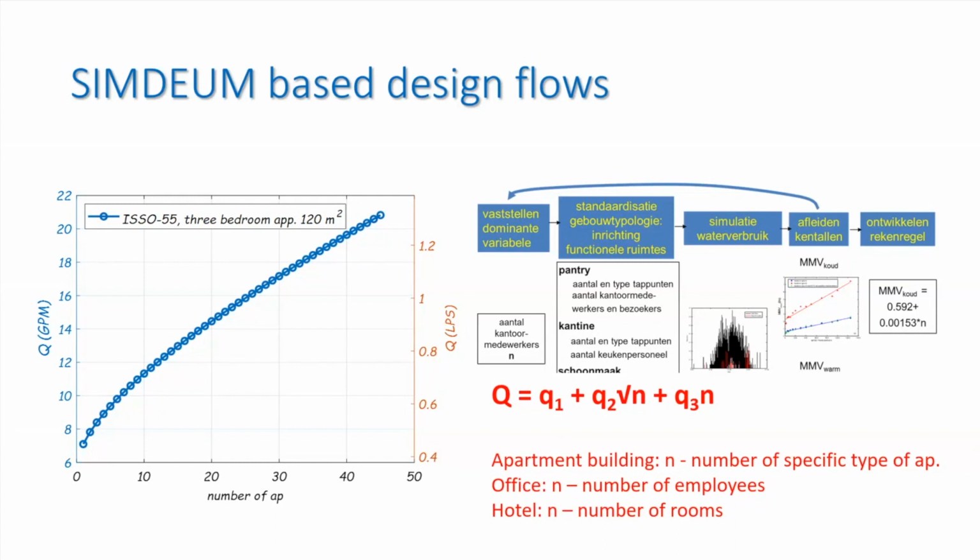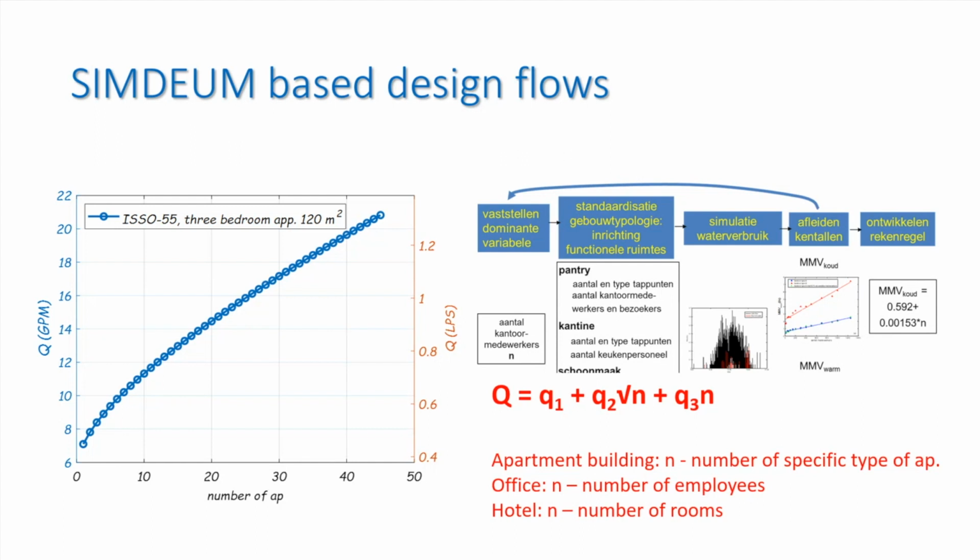What we did for apartment buildings, and also for offices and hotels, is calculate maximum flows per day and per year, and then change the number of apartments, or the number of employees in an office, or the number of rooms in a hotel, and then go slowly from 0 to a lot.